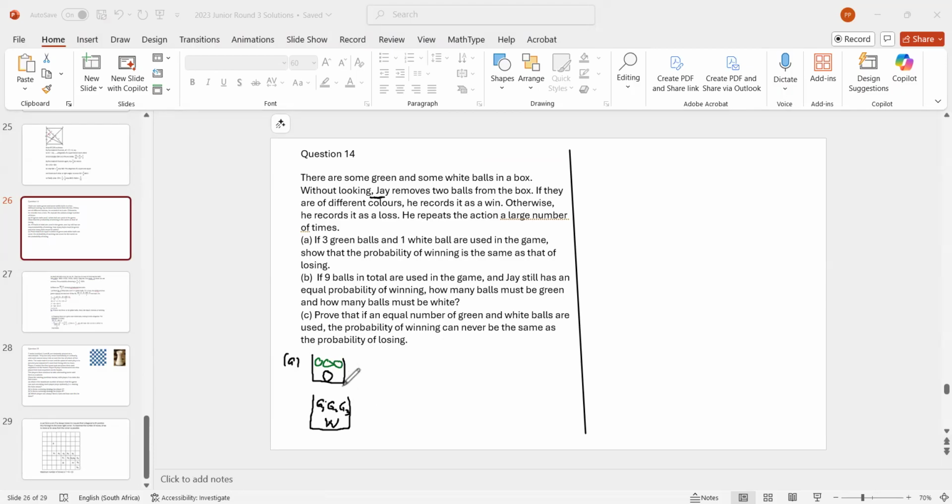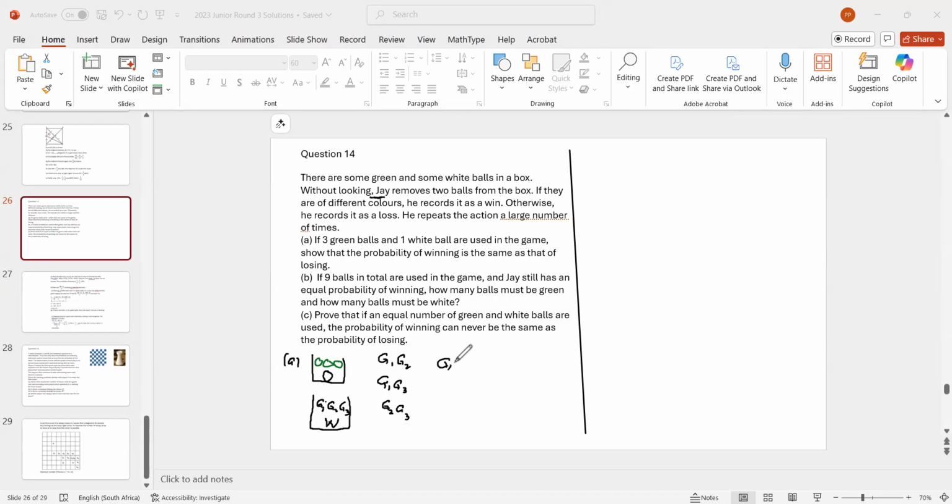Although they've got the same color, they are different balls. So let's list down all the possibilities when he takes 2 balls. You could have picked G1 and G2, or G1 and G3, or G2 and G3. You could have picked 2 green balls. That takes care of all that.